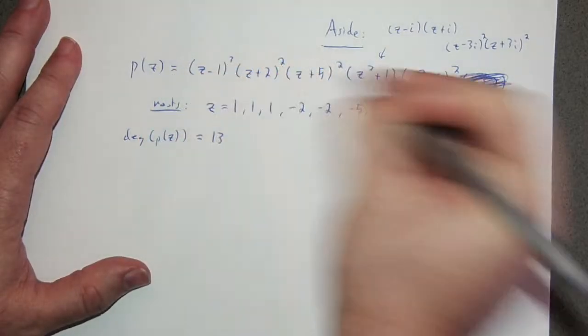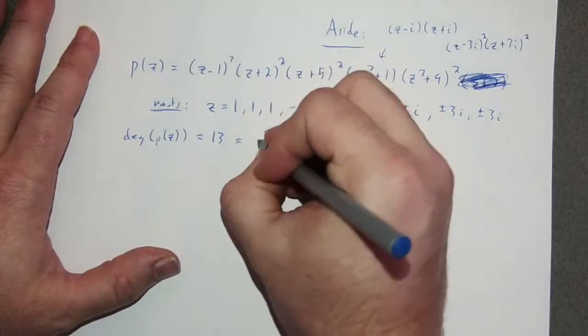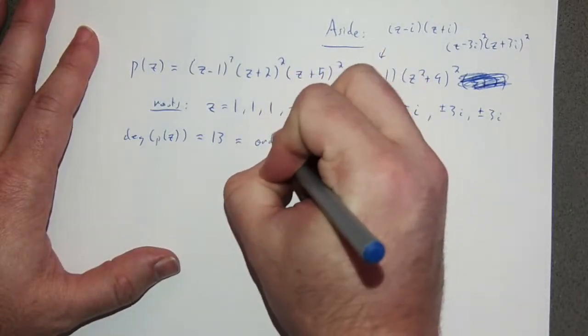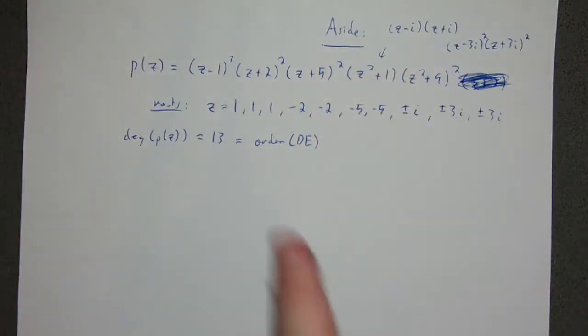It's 13, which means this is the order of the differential equation in question. If I were to ask you what is the order of a differential equation that has this as its characteristic polynomial, you'd say it has to be order 13. So the highest derivative showing up here is a 13th derivative. This is a pretty high order equation.